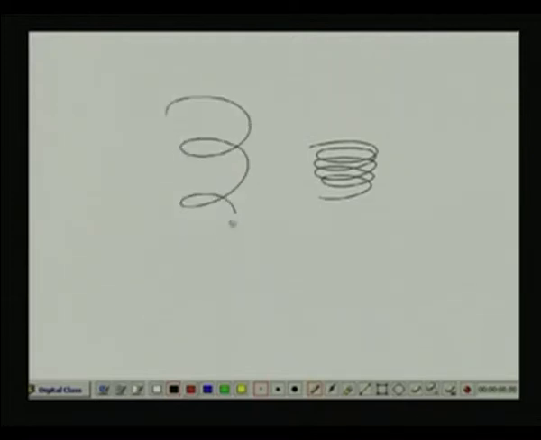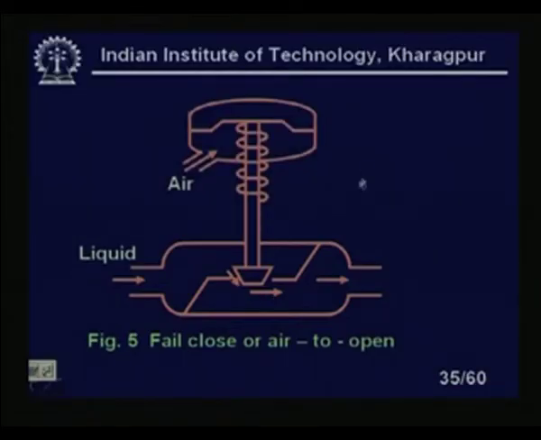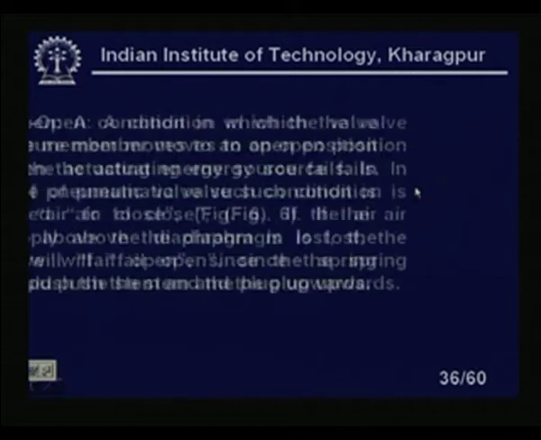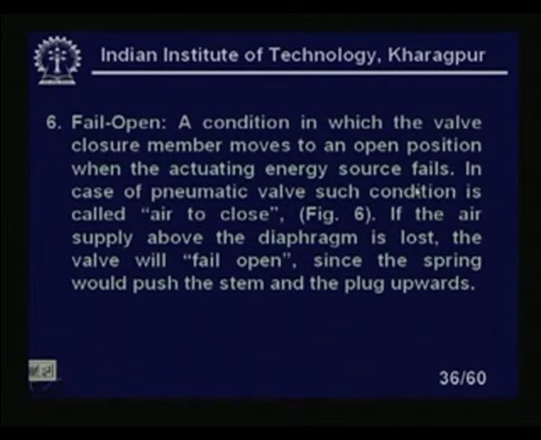Let us go back and see. If it is in that position, the valve will be fully closed. Now if I put the air, the valve will be fully open. Now fail open is a condition in which the valve closure member moves to an open position when the actuating energy source fails.